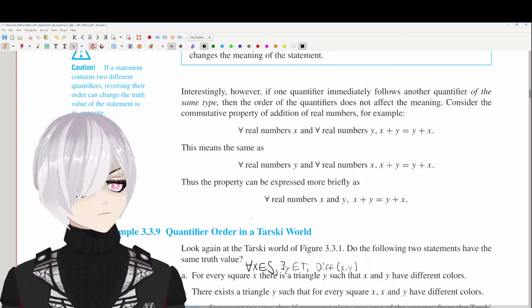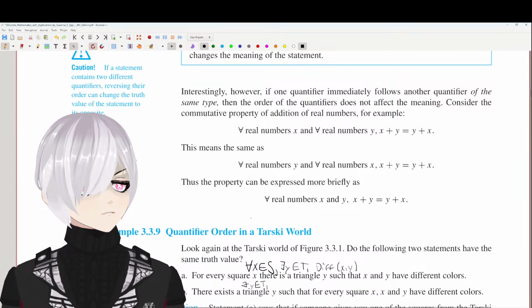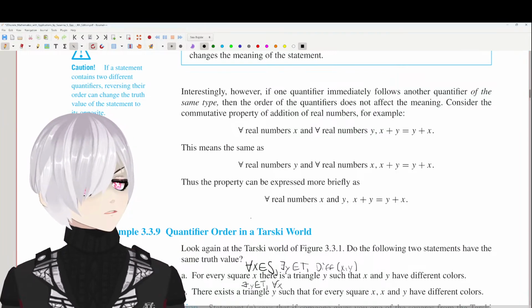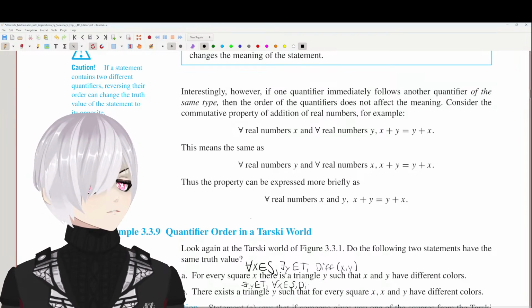The other one is there exists a triangle y such that for every x, every square x, x and y have different colors.